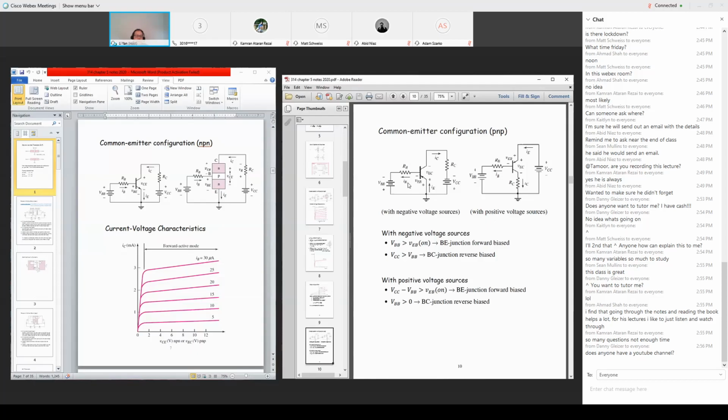The current directions are also flipped: IB will get out, IC will get out, but IE goes into the transistor. So if we can supply a negative voltage source, then we can configure the PNP transistor, as in the left side configuration.